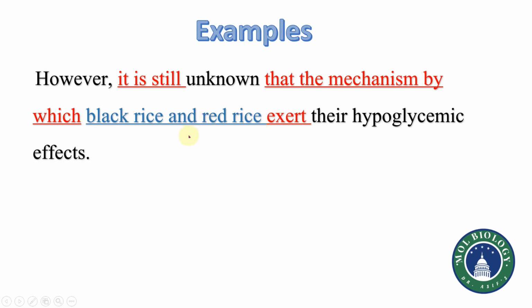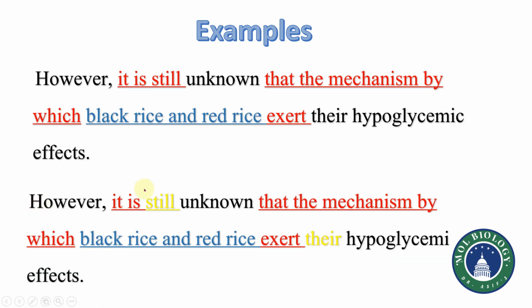Okay, let's try to change some. However, it is still unknown that the mechanism by which black rice and red rice exert their. All the underlined words can be changed. In scientific writing, sentences are very concise and short.